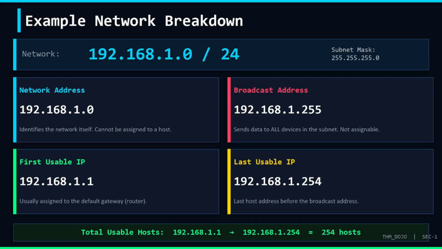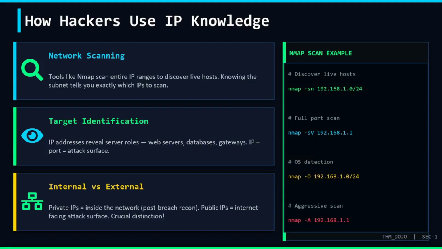First usable IP: 192.168.1.1, usable IP address often assigned to the default gateway router. 192.168.1.254 is the last usable address before the broadcast address. So total usable hosts are 254 hosts.